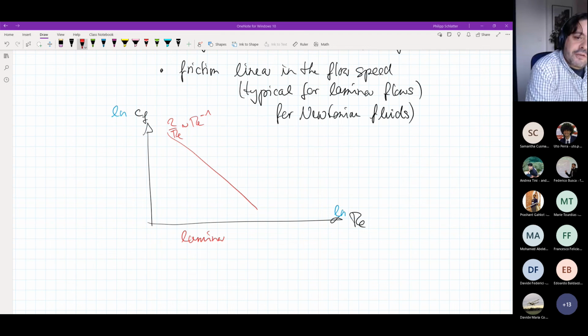Is it the friction factor for a laminar flow or for a turbulent flow, or is it even that they are equal at the end? So the question is, what happens to CF when you go from laminar to turbulent? Which one is larger?